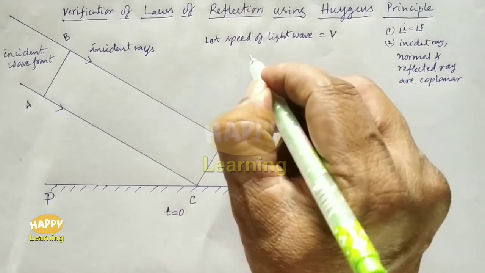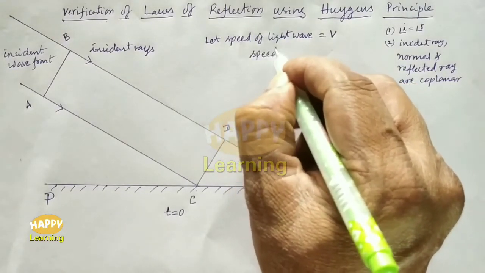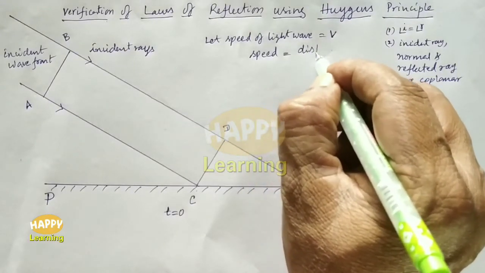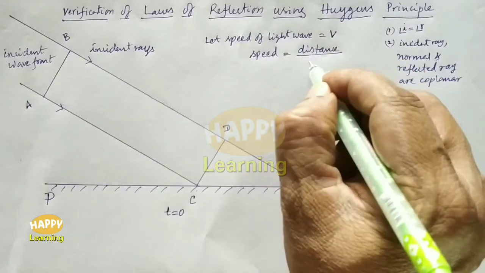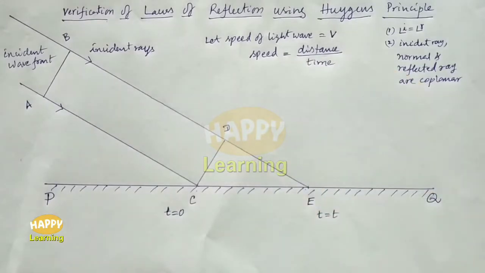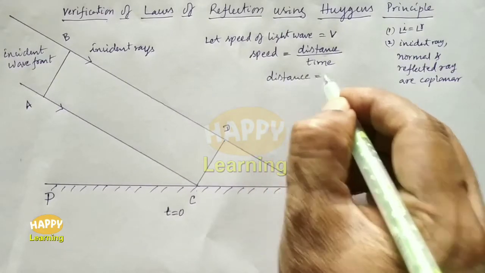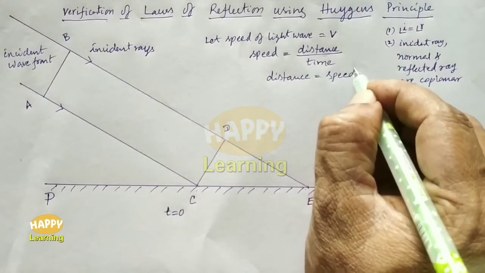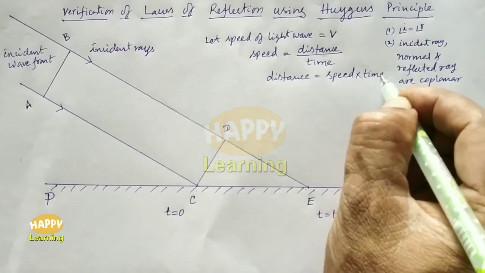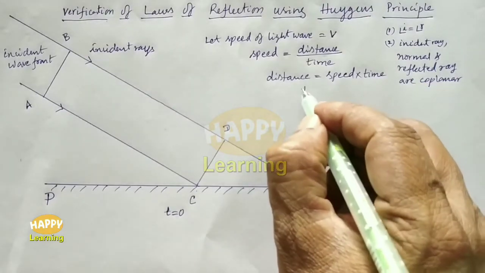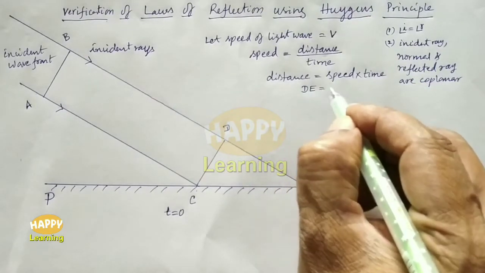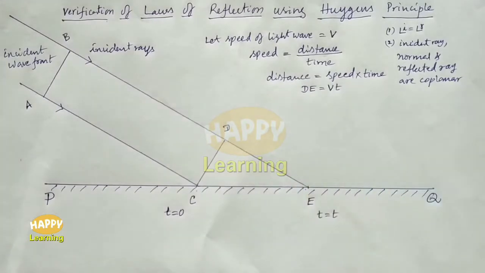Since speed is equal to distance by time, distance is equal to speed into time, then DE is equal to V into t.